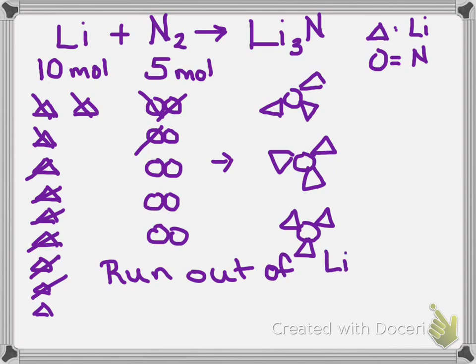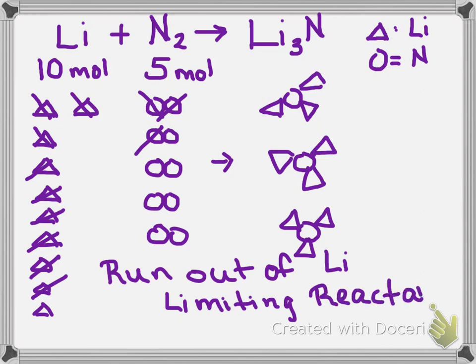We have a name for that when we're talking about stoichiometry and these equations. The reactant, the chemical compound or element that runs out first is called the limiting reactant. It's called the limiting reactant because it limits the reaction. It's the reactant that runs out first. If we had more, the reaction would keep going.